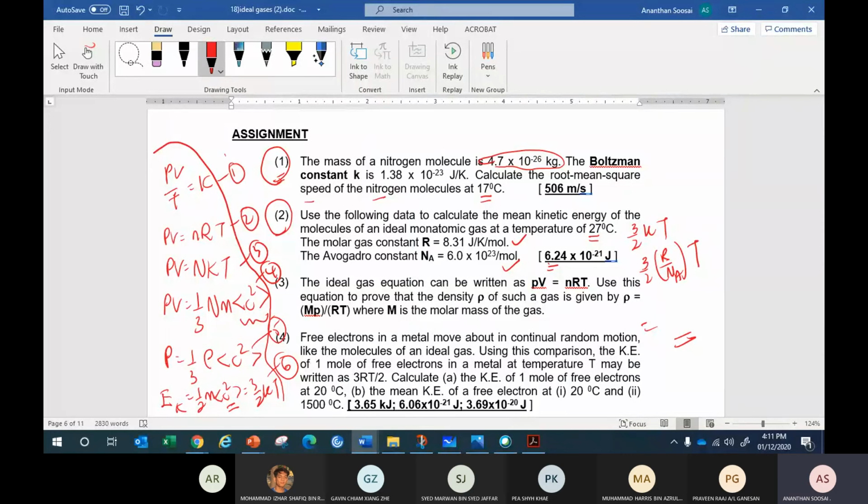Does everyone get the working? Kinetic energy of a particle, 3/2 kT must come to your mind. It's for one particle, not the entire gas. 3/2 kT for one particle.